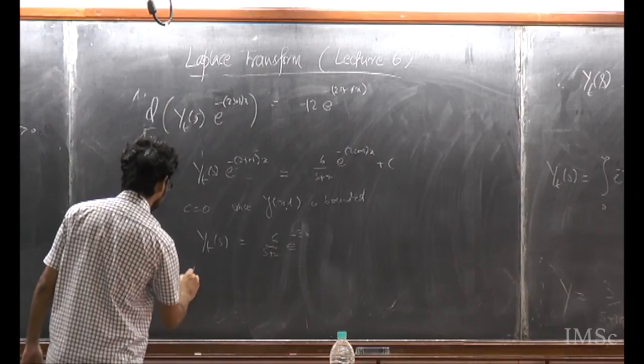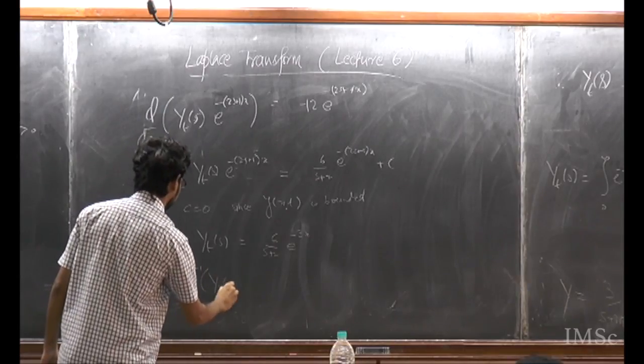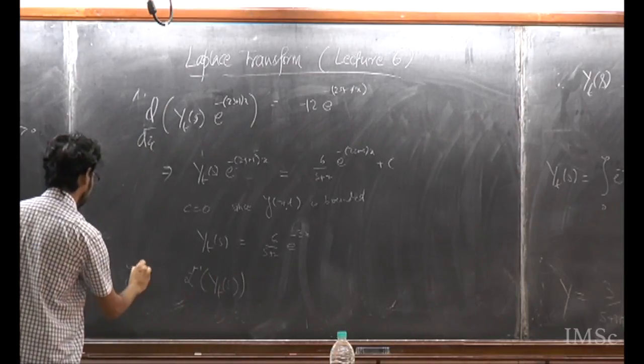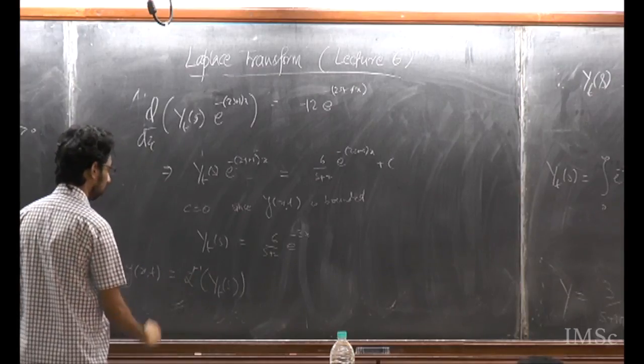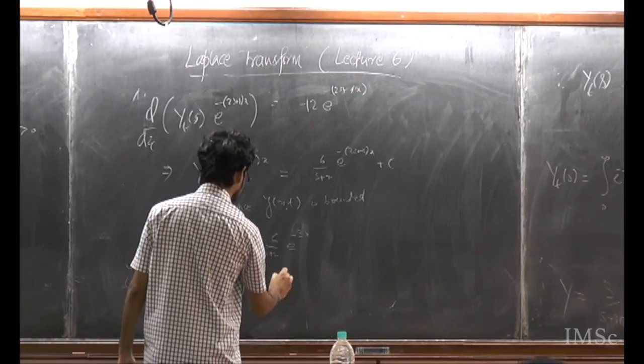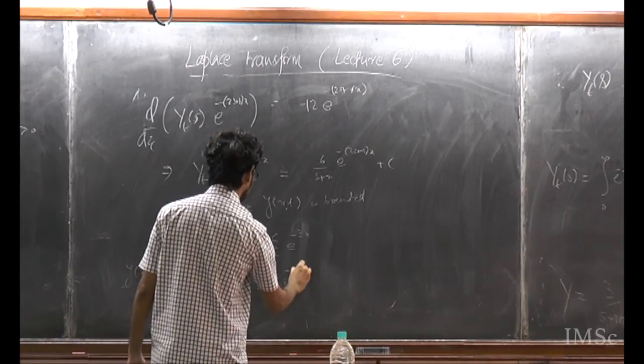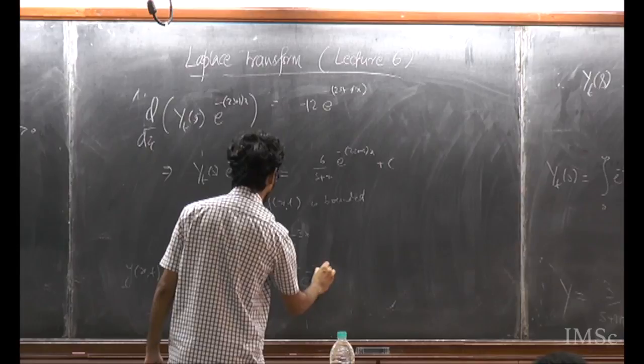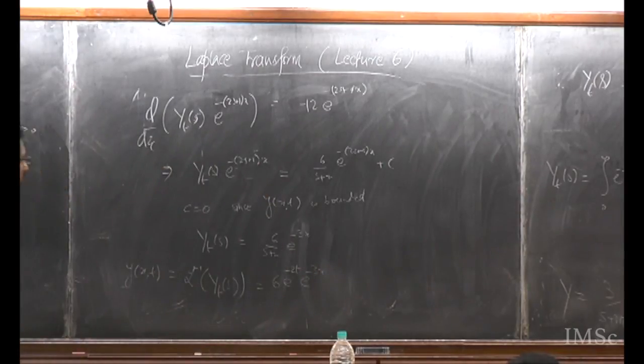So the inverse Laplace transform, this is your solution y(x,t) equals 6 e to the minus 2t e to the minus 3x. Okay.